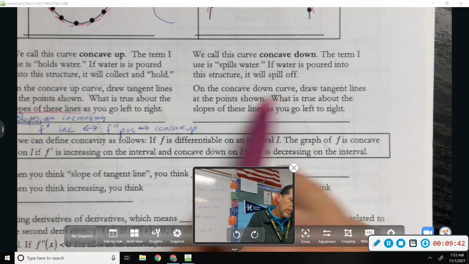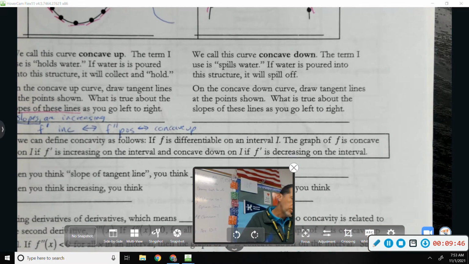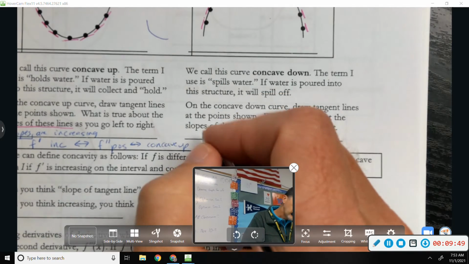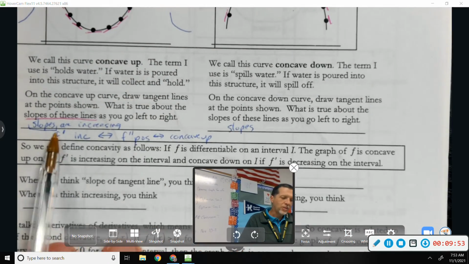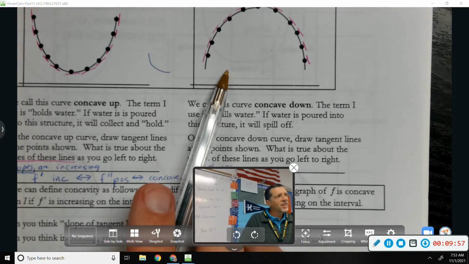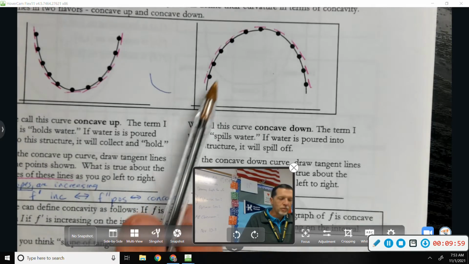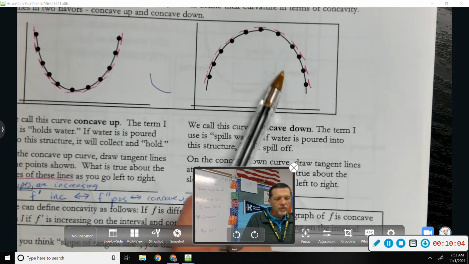On the concave down curve, what's true about the slopes of these lines as we move left to right? Especially as you compare it to the answer we just did. What are those slopes doing? Decreasing. They go from really positive to less positive to 0 to a little bit negative to a lot negative.